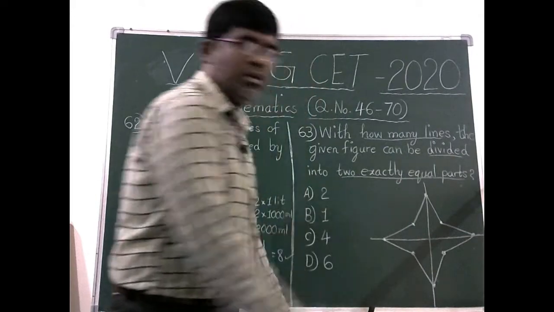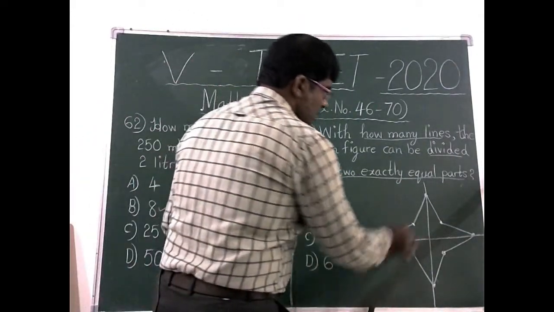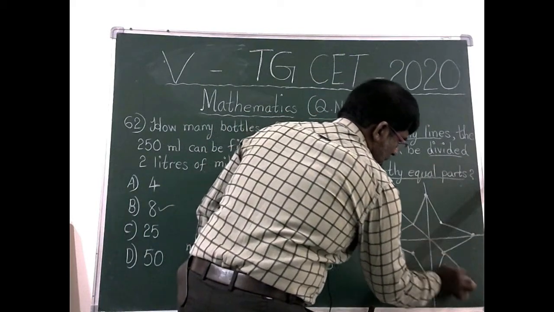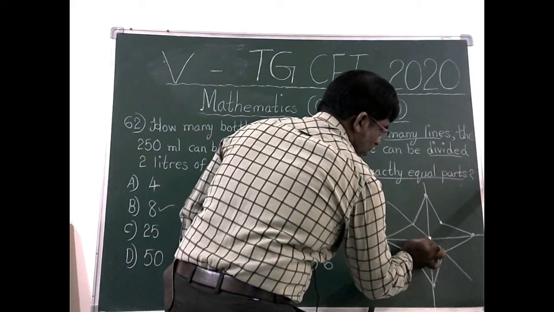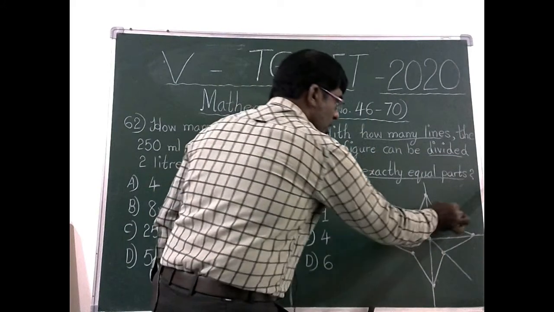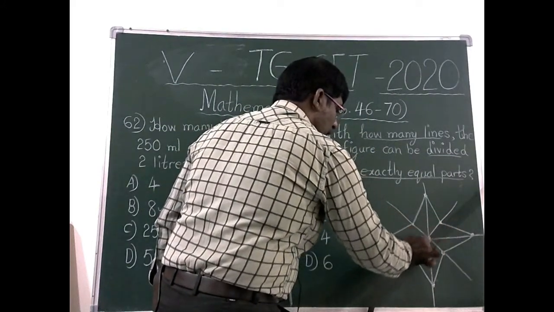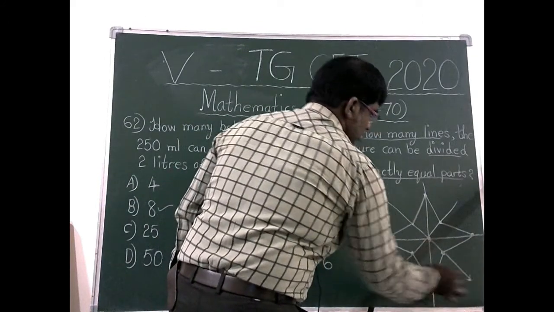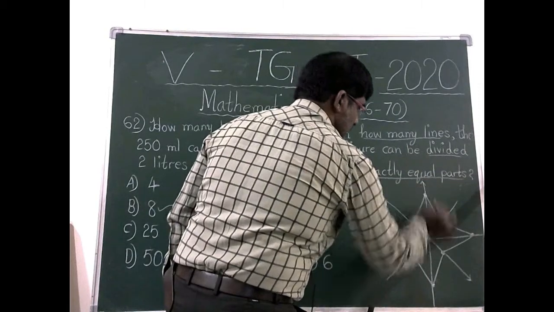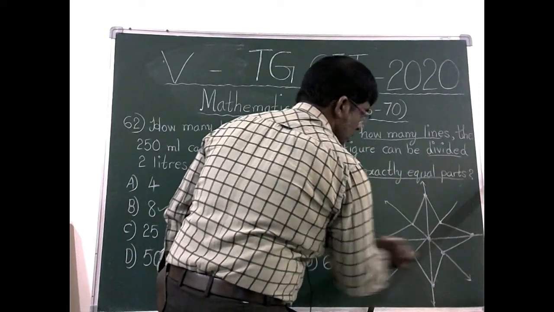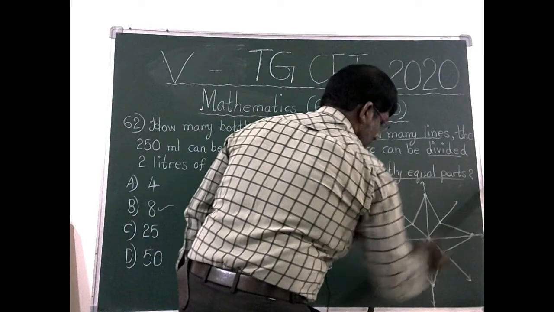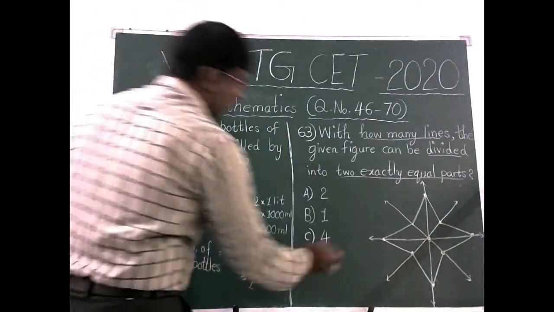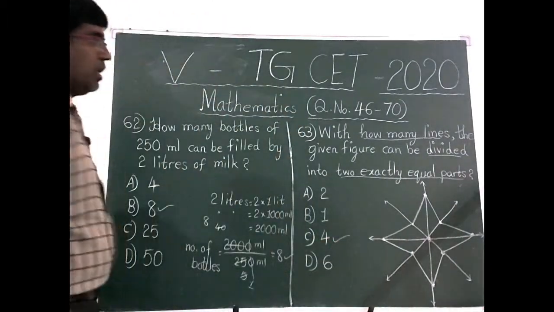Two lines. Next opposite points, three lines. Now draw one more line, opposite points: the third line, the fourth line. So in total, 4 lines. Option C is the correct answer.